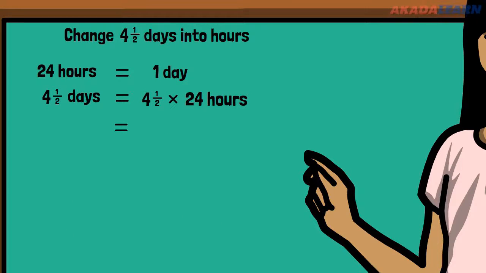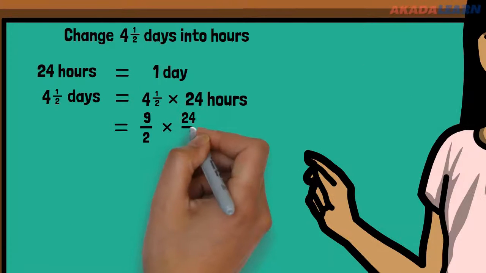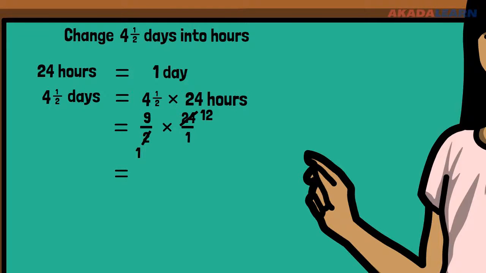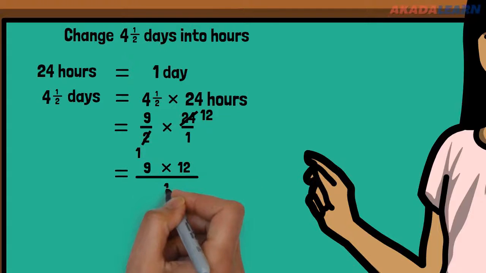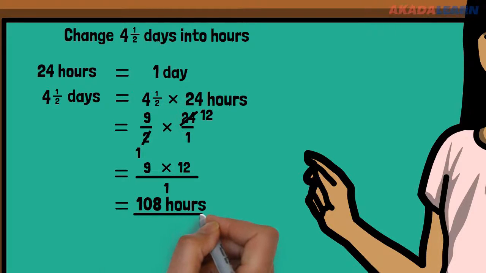So we change 4.5 into an improper fraction, which is 9 over 2 times 24 over 1. 24 divided by 2 is 12. It's equal to 9 times 12 over 1, which equals 108 hours, which is our final answer.